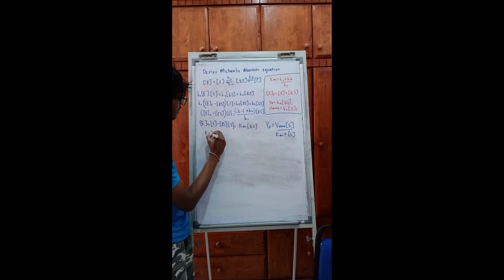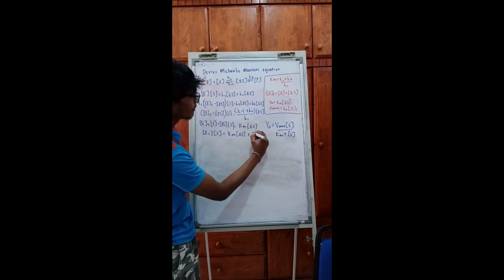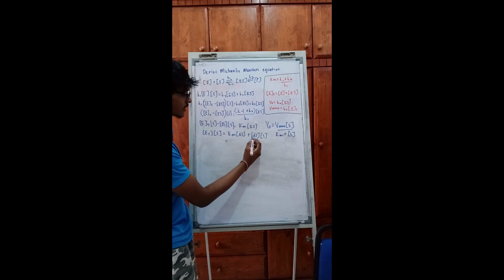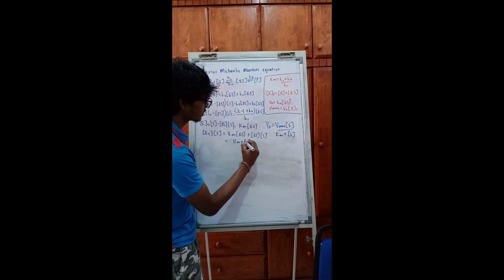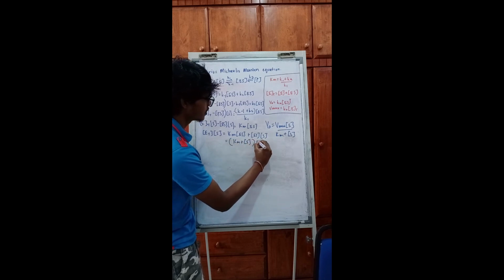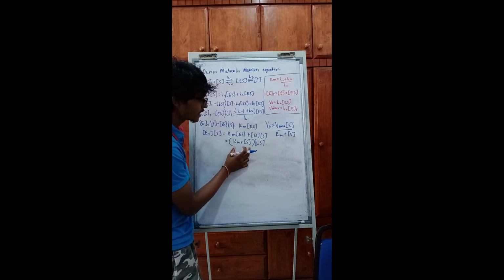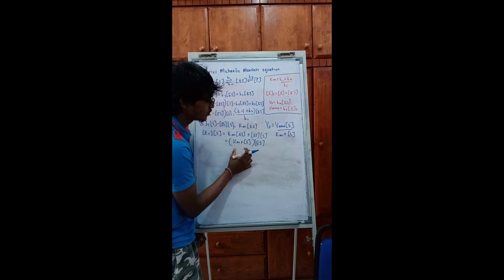So total enzyme concentration times substrate concentration equals Michaelis Menten constant times enzyme substrate complex concentration plus this whole thing, enzyme substrate complex concentration, and then times substrate concentration. So now we can factorize out the enzyme substrate complex concentration. So Km plus substrate times enzyme substrate concentration. As we can see now, this Km plus substrate concentration is in the Michaelis Menten equation. So this one is sorted.